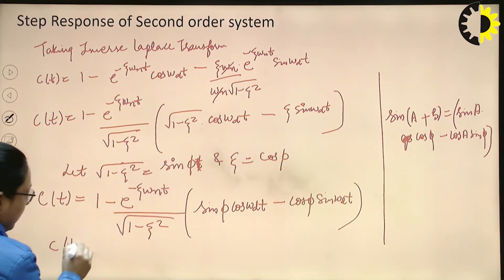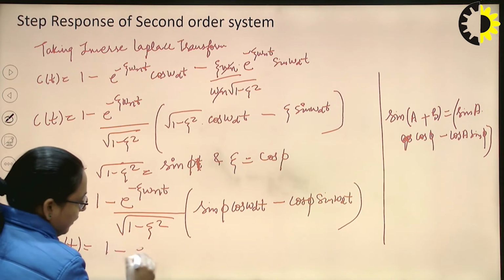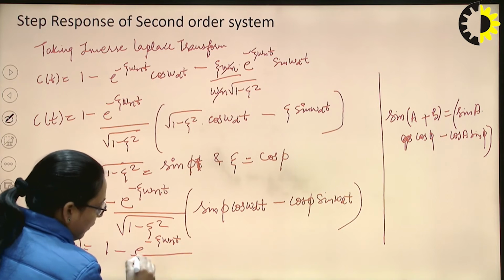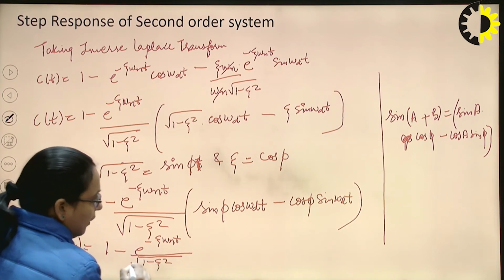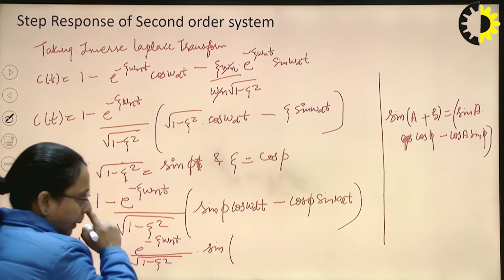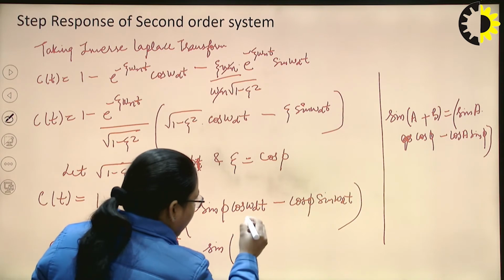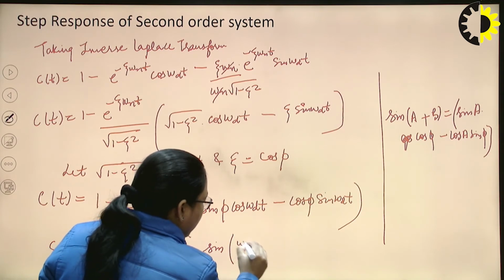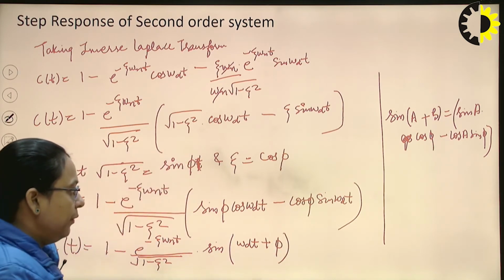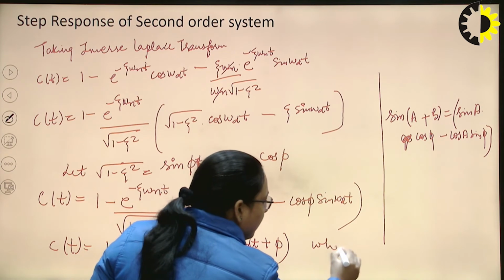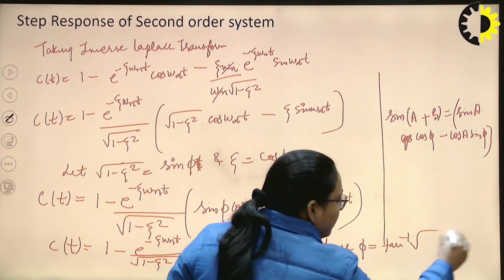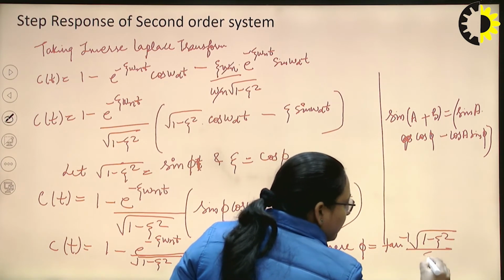c(t) equals 1 minus e raised to the power minus zeta omega n t upon under root 1 minus zeta square into sin of omega d t plus phi, where phi is equal to tan inverse of under root 1 minus zeta square upon zeta.